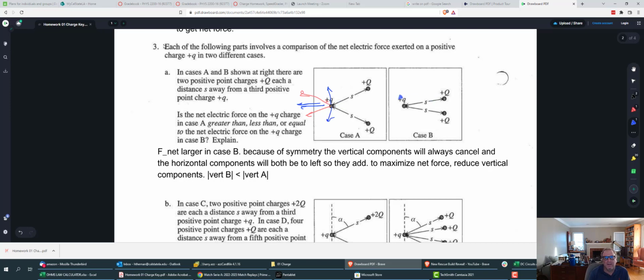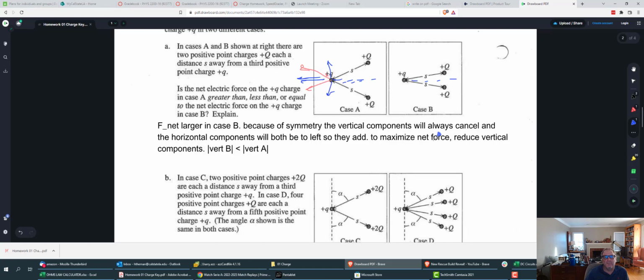So any vertical components, because of the symmetry, are going to cancel. So the one that has the least amount of absolute value of vertical components is going to be the stronger one, and since the angle between them in case B is less, there's going to be less vertical components. And the F net in this case, again because of symmetry, all depends on the horizontal components, which in this case will always point to the left.